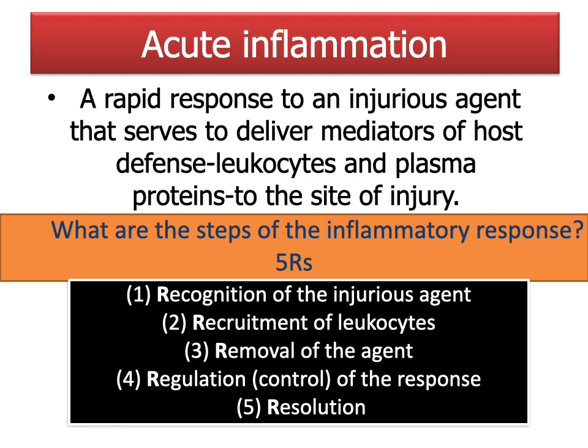You don't want the inflammatory process to continue because once the organism or the injurious agent is gone, you don't want the tissues to be collateral damage. So once it is regulated, there is going to be resolution of the entire inflammatory process.